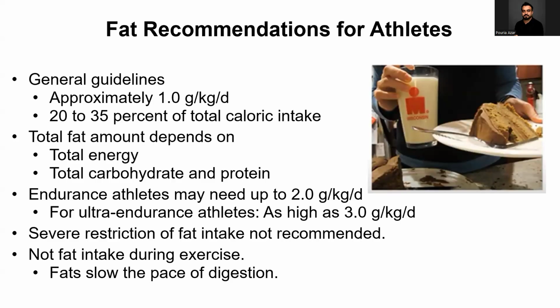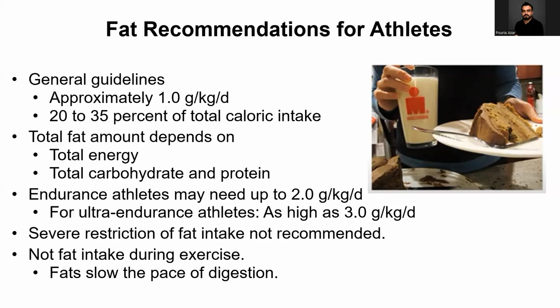So here's the general recommendation, the general guideline for fat for athletes. The general guideline is approximately 1 gram per kilogram of body weight per day, and 20 to 35% of total calorie intake. That's the acceptable macronutrient distribution range.